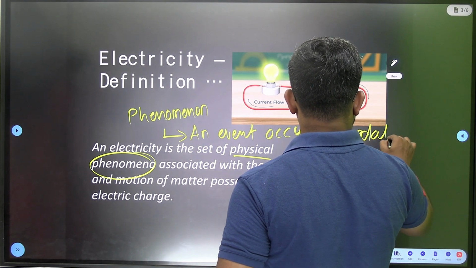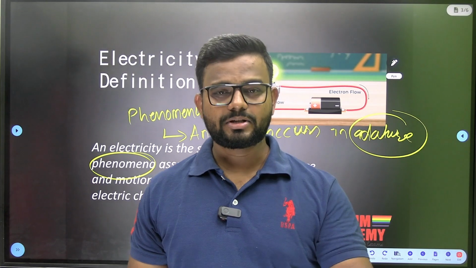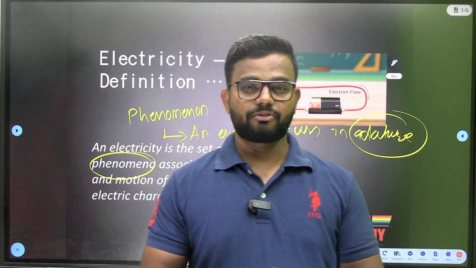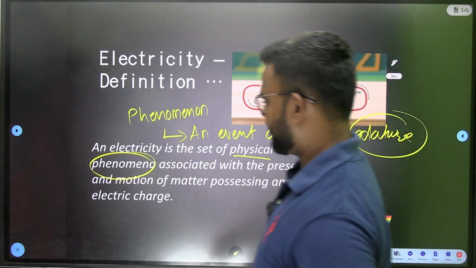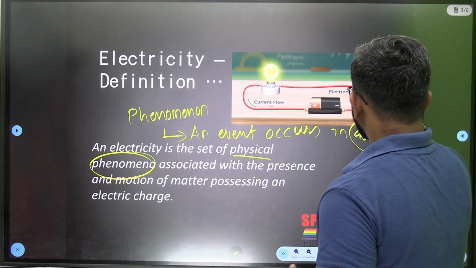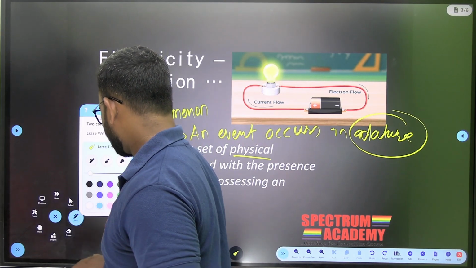So an event which occurs in nature or in society is known as a phenomenon. Anything which occurs naturally, that is a phenomenon. So it's not a difficult thing. Let me clear this once and then we'll proceed further.